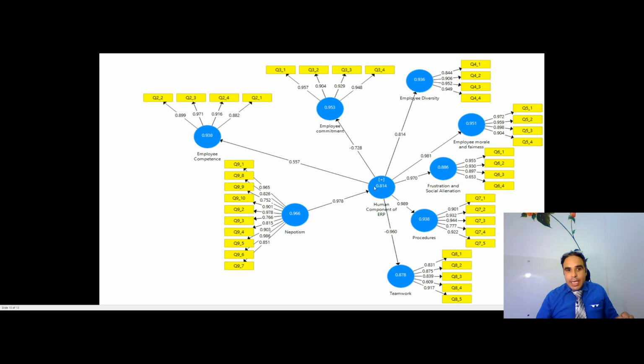The human component is manifested by many other latent variables that are measured by questionnaire items. For instance, procedures are measured by 1, 2, 3, 4, 5 questionnaire items. Nepotism is measured by 10 questionnaire items.